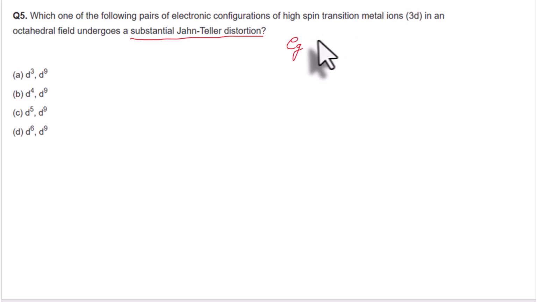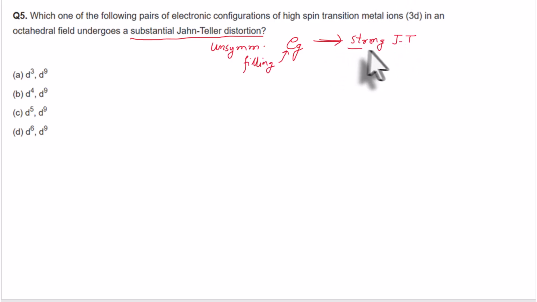Why? Because eg comes in the direct path of the ligands, and that is why the unsymmetrical filling of electrons in eg orbitals leads to strong Jahn-Teller distortion. Okay, let's check out the different kinds of d orbital configurations one by one.